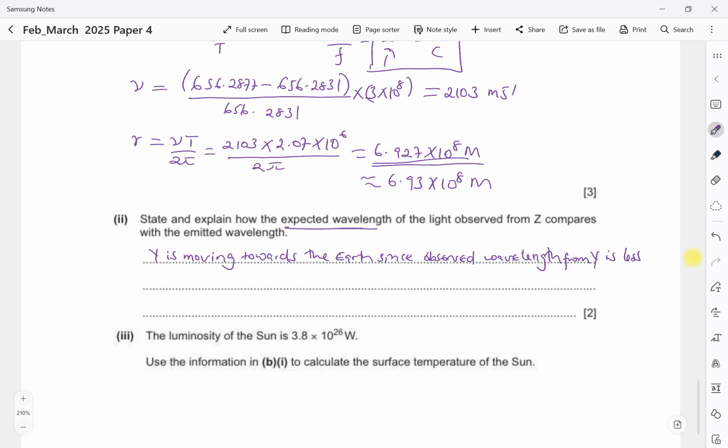And since the rotation is clockwise, it means Z will also be moving towards the Earth. That means the observed wavelength from Z is also going to be less.